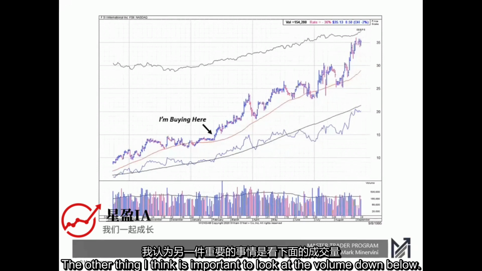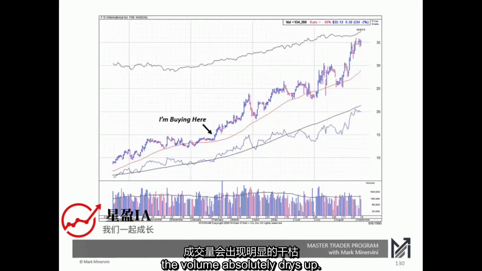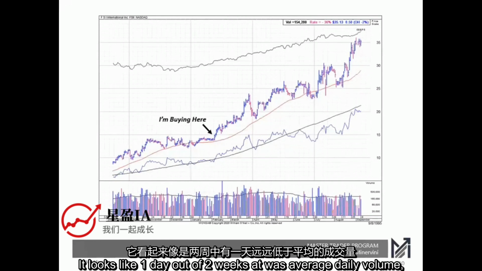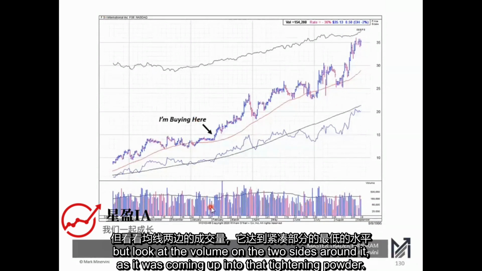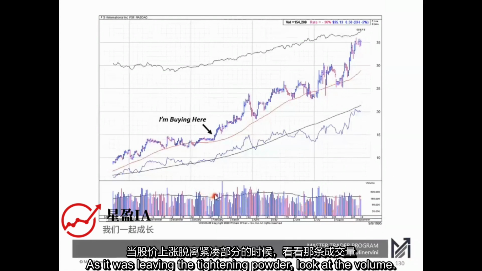The other thing I think is important to look at on this is the volume down below. As that stock tightens up, the volume absolutely dries up. It looks like 1 day out of 2 weeks was average daily volume. But look at the volume on the two sides around it, as it was coming up into that tightening pattern and as it was leaving the tightening pattern.